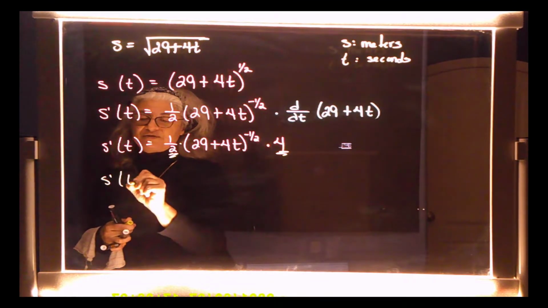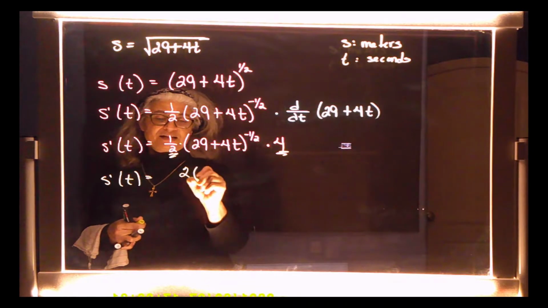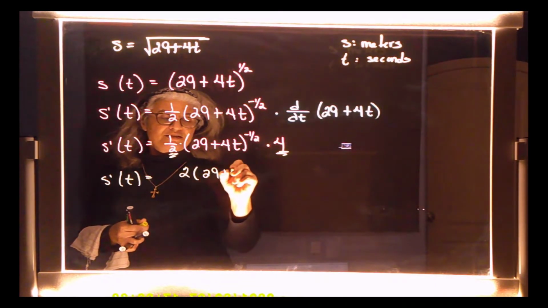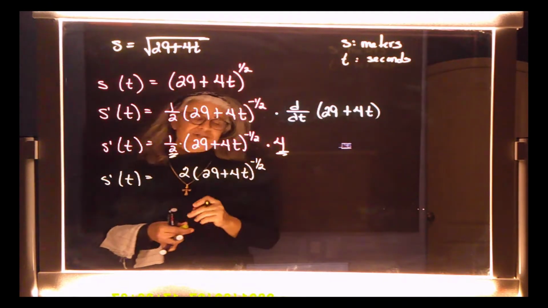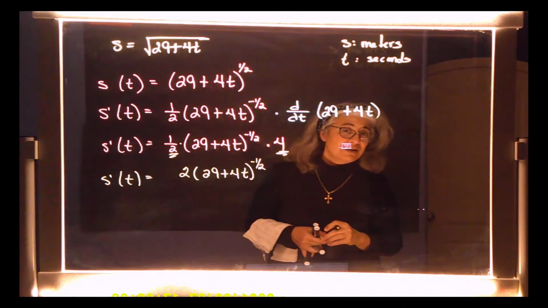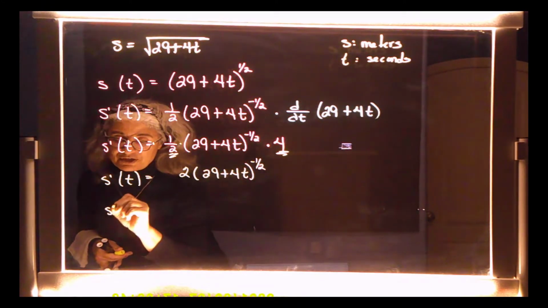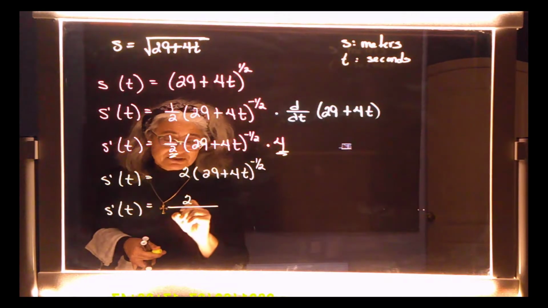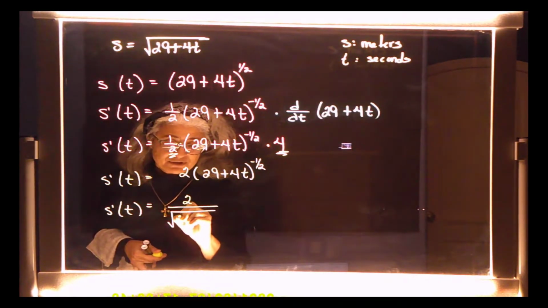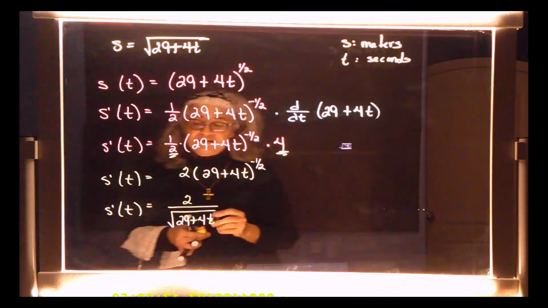So this derivative would just be 2 times the 29 plus 4t to the negative 1/2. And what's that negative exponent imply? Yeah, this guy goes to the bottom. So this is going to be 2 over that square root of 29 plus 4t.